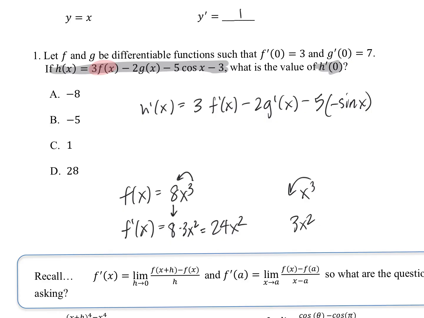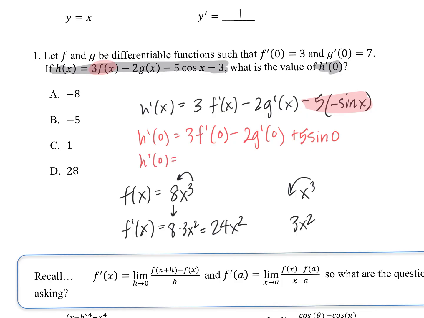So now if they want h prime at 0, we just go replace every x with the 0. Every x, ooh, a minus 5 times negative sine. Can we just make that plus 5 sine of 0? This right here, can I rewrite that like this? Kate Mack, can you go up here? What is f prime of 0? Did they give us that info?